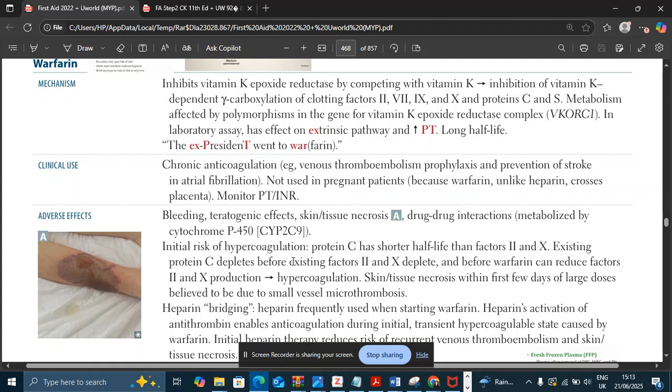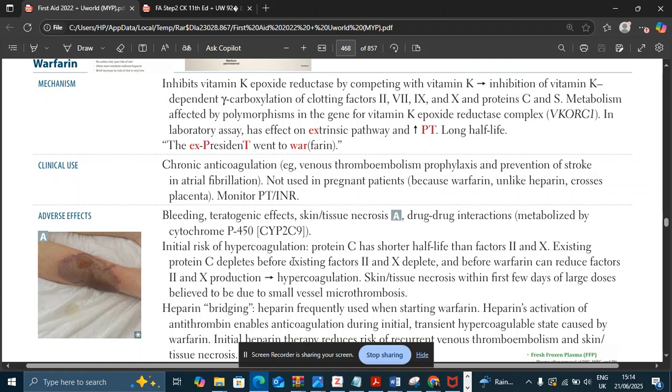But protein C and protein S have a short half life as compared to factor 2, 7, 9, and 10. So when we start a patient on warfarin, protein C and protein S are inhibited immediately, and factor 2, 7, 9, 10 would take time.